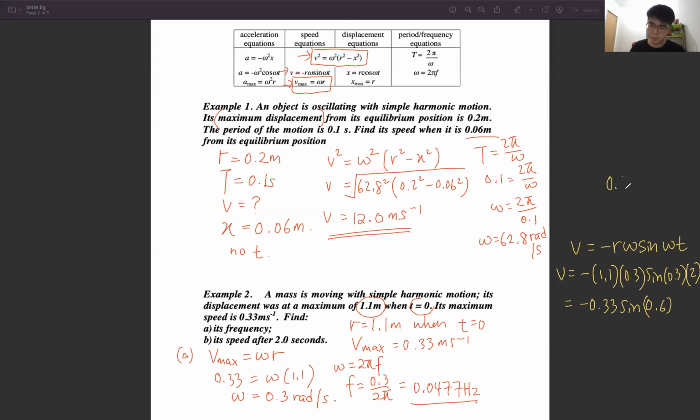Then you sine it and multiply by 0.33. This one you get minus 0.186 meter per second.